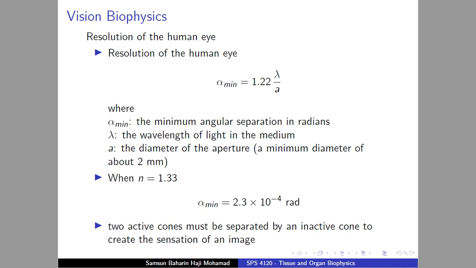Okay, so how is the resolution of our eye?